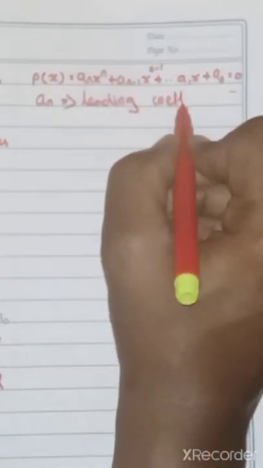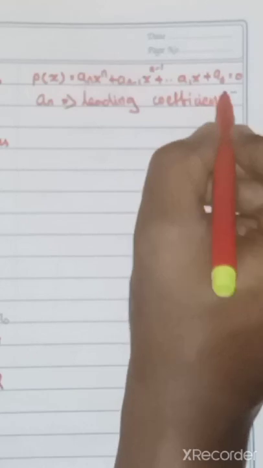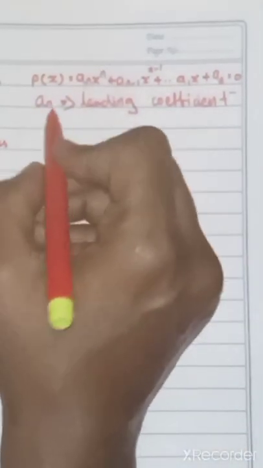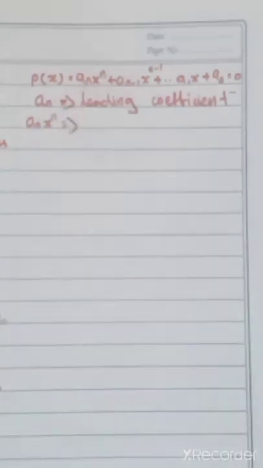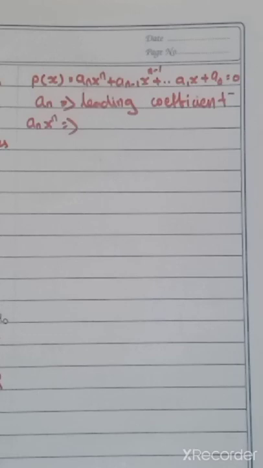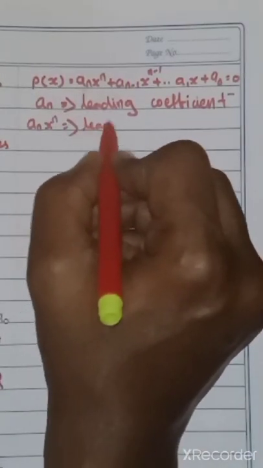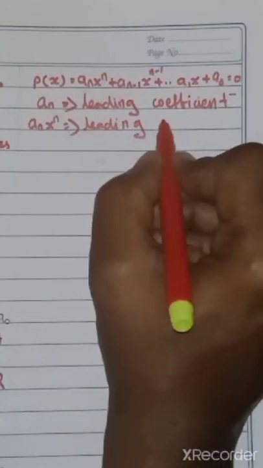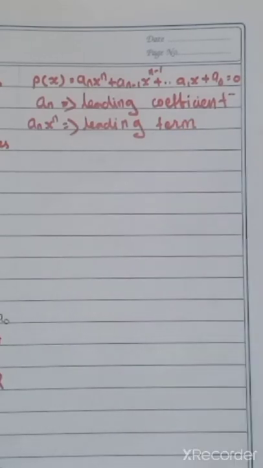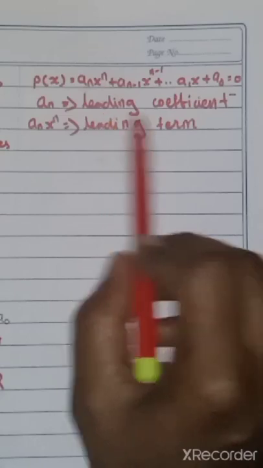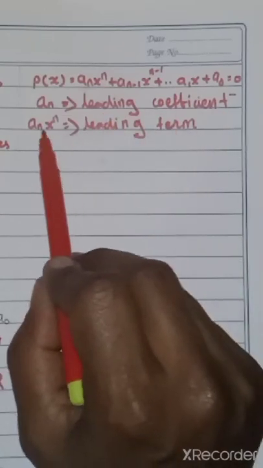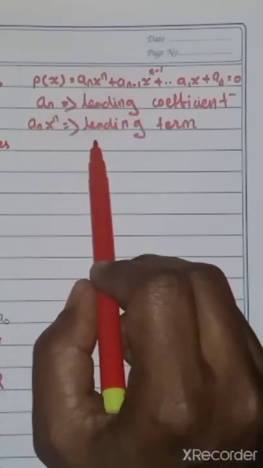And that full term, a_n x power n, with x power n the highest degree, correct? So this highest degree term is called the leading term. Is that clear? So the coefficient of the highest power is the leading coefficient, and that term is called the leading term.